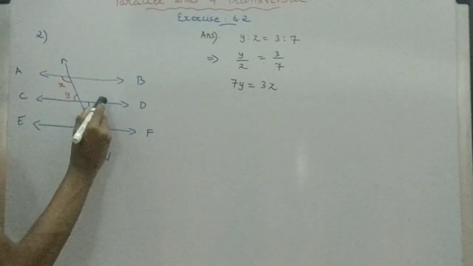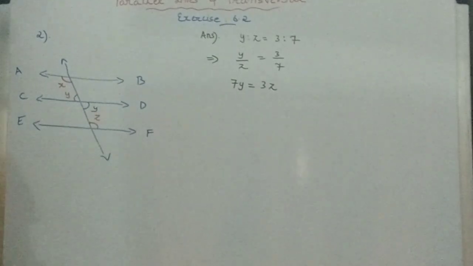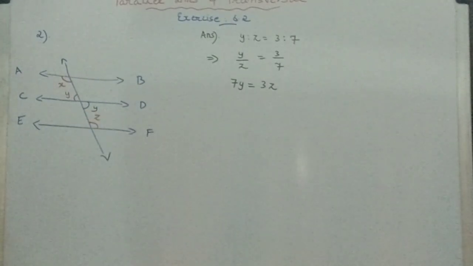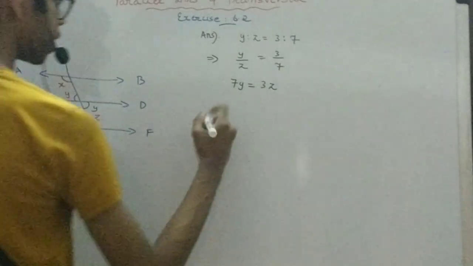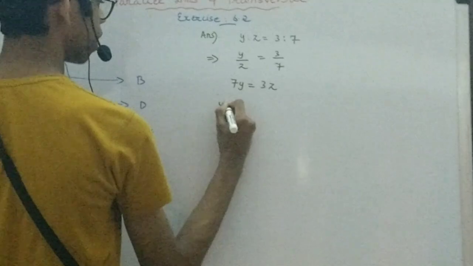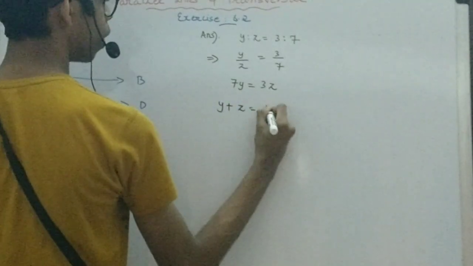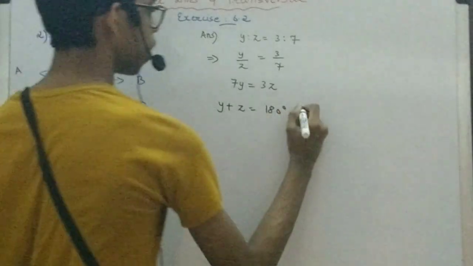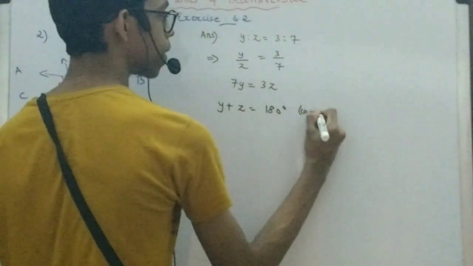Now if you see over here, this angle y and this angle z, aren't they co-interior angles? Yes, so we know that co-interior angles are supplementary to each other. So from here I can write y plus z is equal to 180 degrees, isn't it? Because they are co-interior angles.